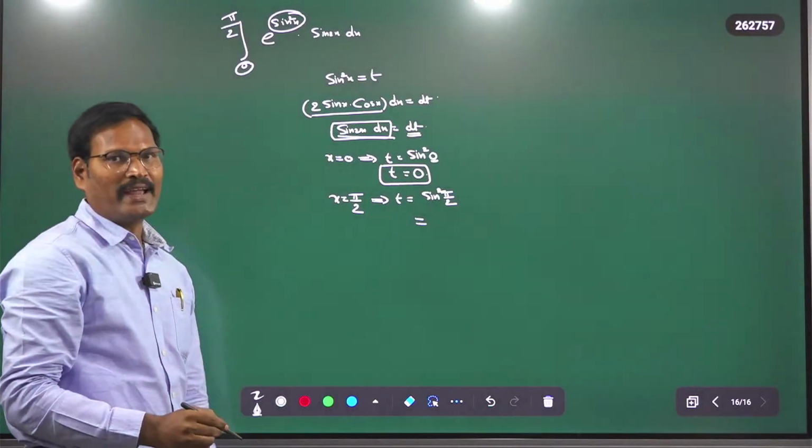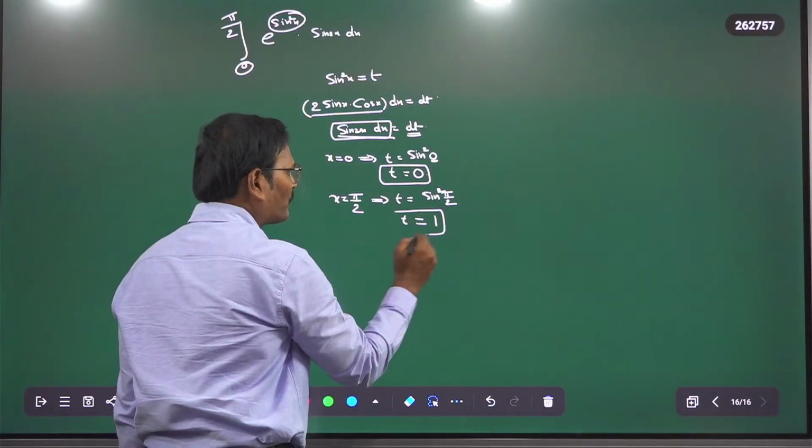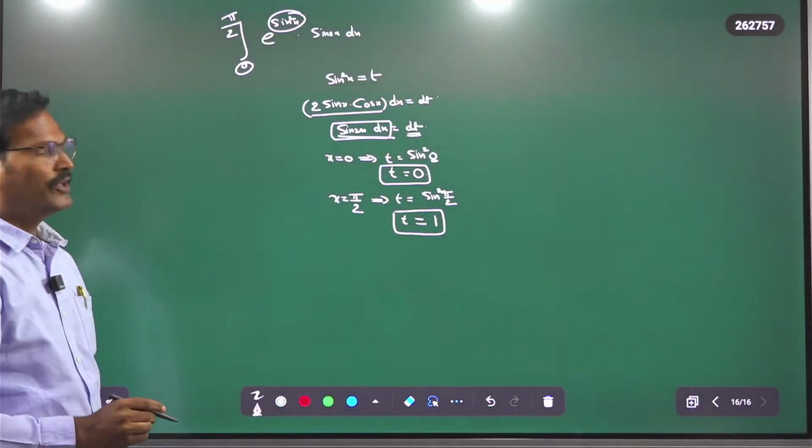Sin square pi by 2, sin 90 degrees is equal to 1. Limits are 0 to 1.